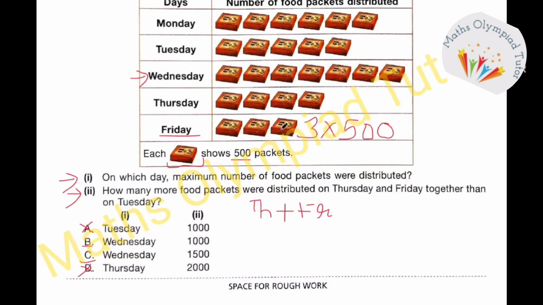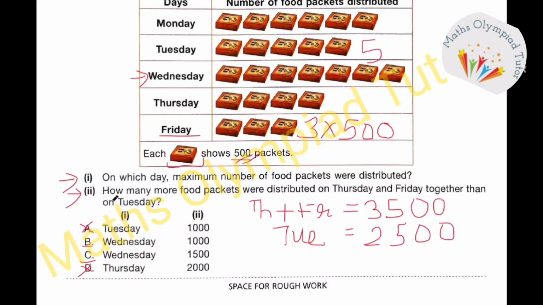So in total there are 3500 packets that were distributed on these 2 days together. On Tuesday there are 5 pictures of food packets. This means the total food packets are 5 into 500, which will give us 2500.